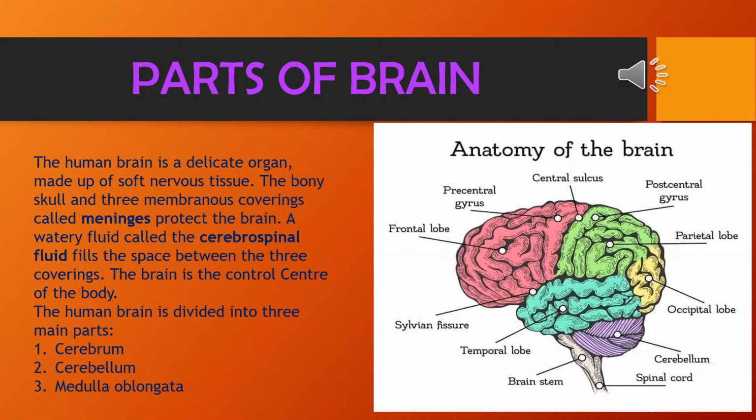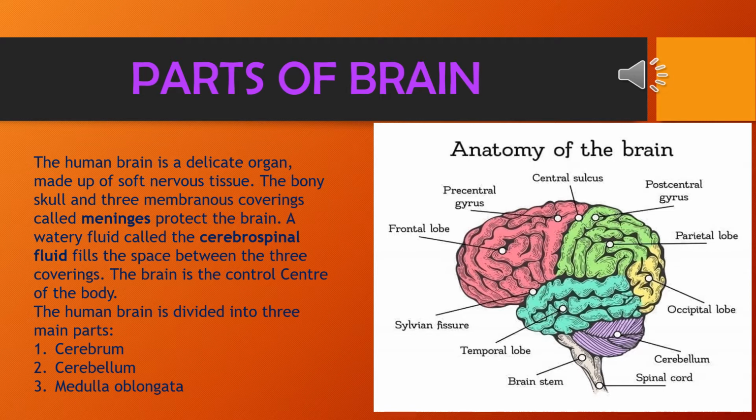Now see the diagram properly. Anatomy of brain. Cerebellum is located on the right side, with the spinal cord and brainstem. Brainstem is called medulla oblongata, and the other portion of the brain is called cerebrum, which is divided into frontal lobe, central sulcus, precentral gyrus, and post-central gyrus.